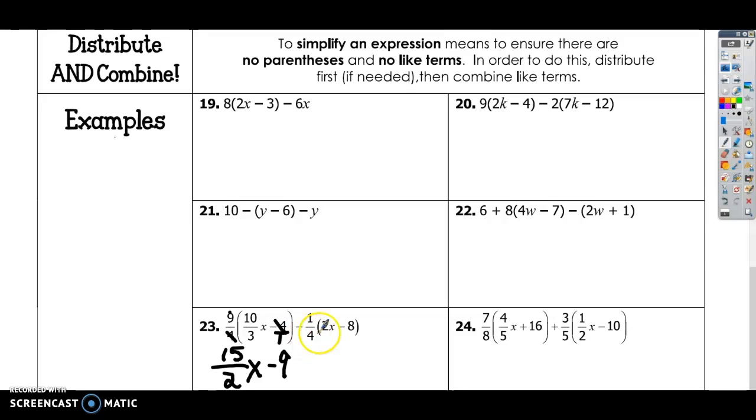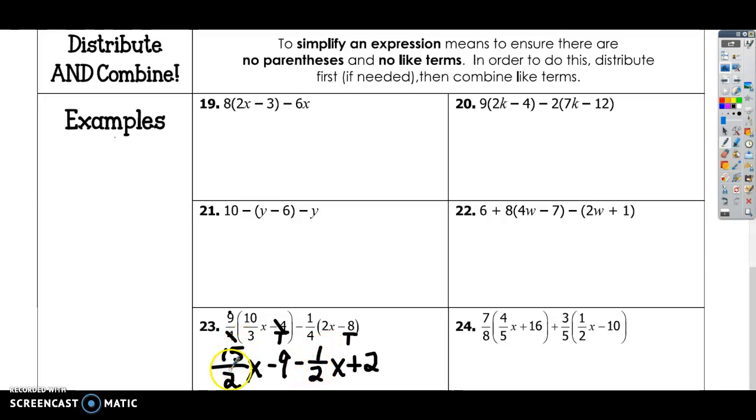And then over here, I've got negative 1/4 of 2. That's still a fraction as well. So that's going to leave you negative 1/2 x. And then a negative and a negative make this positive. The bigger number here is on top, so 8 over 4 is just plus 2. Now I have 15 halves minus 1/2.